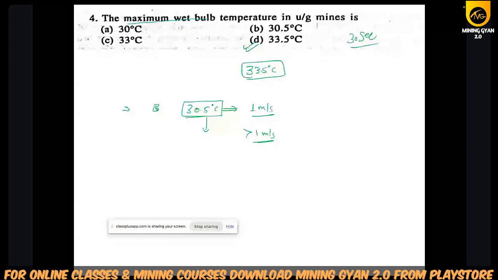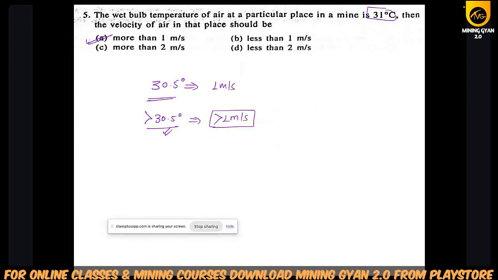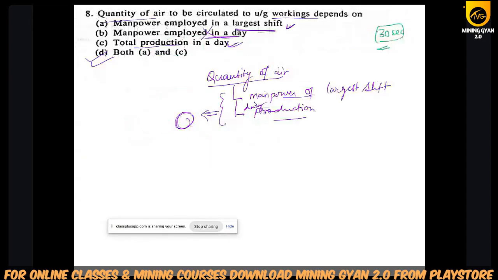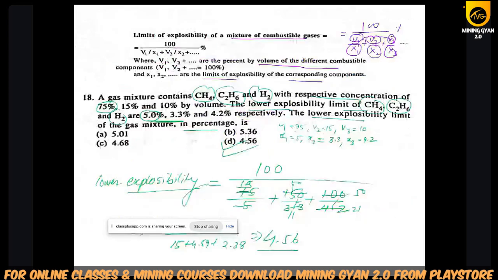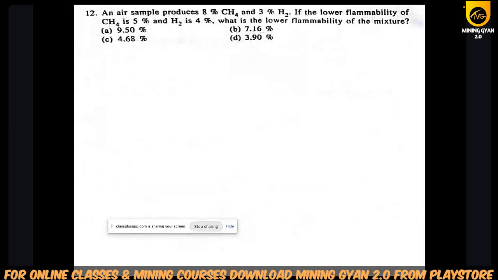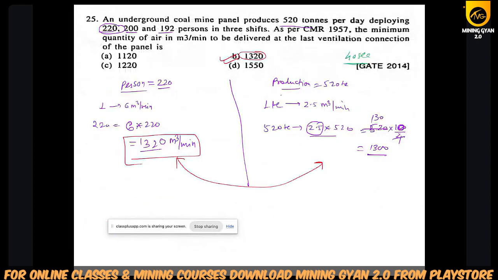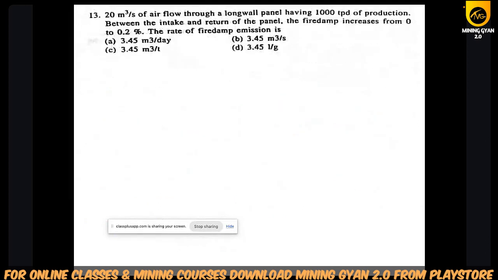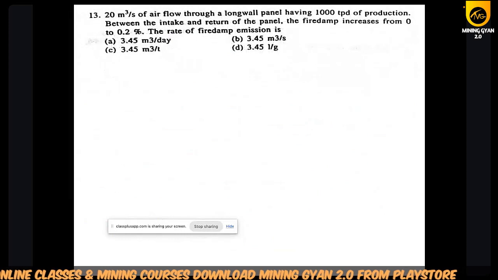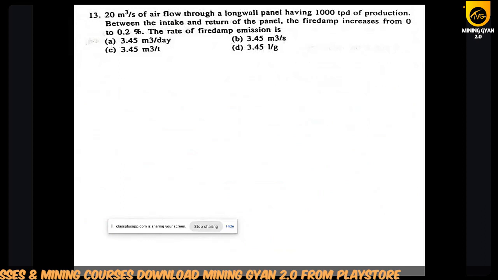We discussed a few questions: dry bulb, steam gas, manpower. A few questions were left, so we will start from those slides, then go to the next questions.